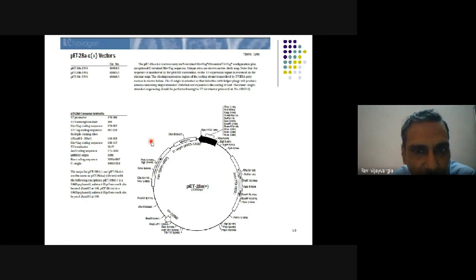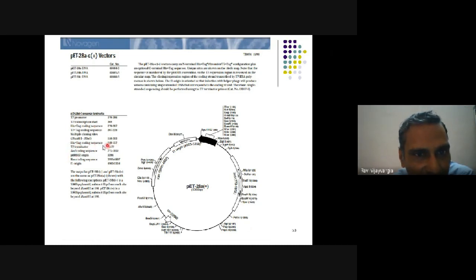There are several vectors commercially available. This is an example of a pET28a plus vector, which is utilized for the expression of proteins in the E. coli system, and in this system, the his tag sequences are already present within the commercially available vector. Here you can see the his tag coding sequence.